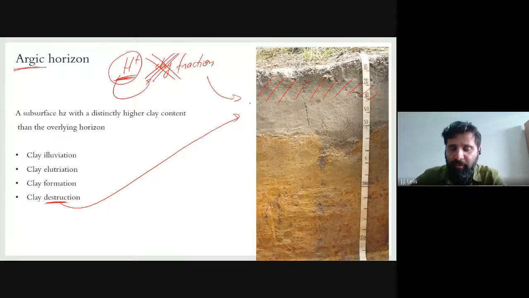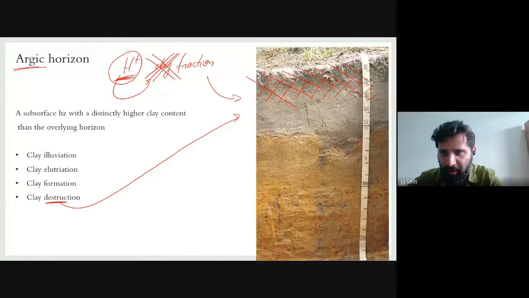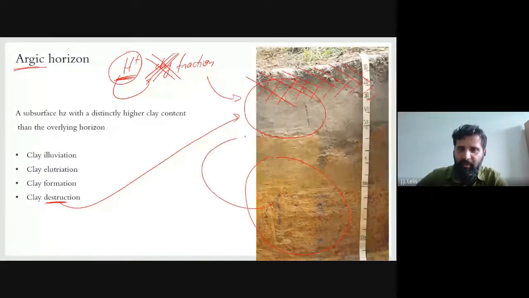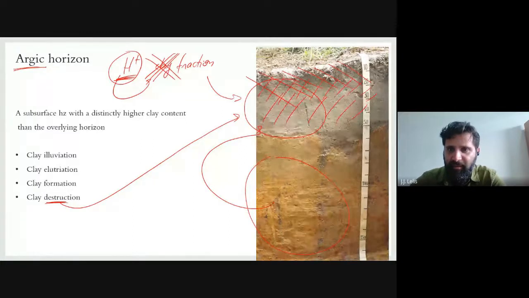So we start to lose clay, not by migration, but by chemical destruction of these clays. And we are losing clay and getting sandy. So we present an argillic horizon because we have a clayey horizon below a sandy material. Okay?